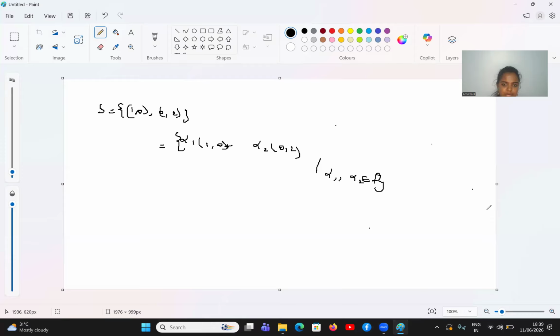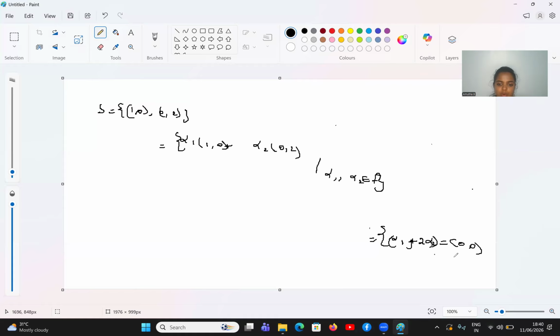How can we write it as the set of all (alpha 1, 2 alpha 2)? That means here (alpha 1, 2 alpha 2).